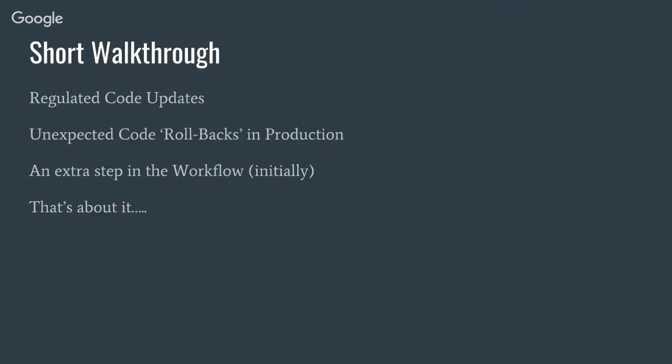Regulated code updates mean you can deploy as soon as you get the approval, as opposed to trying to recreate all your changes. You just say git push, git pull, and it's done. There are no unexpected code rollbacks in production, which is very useful.